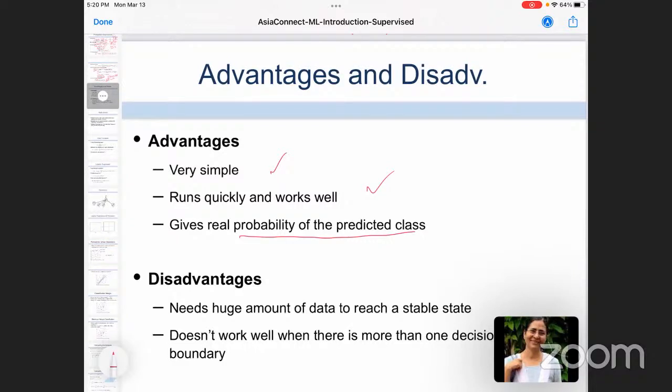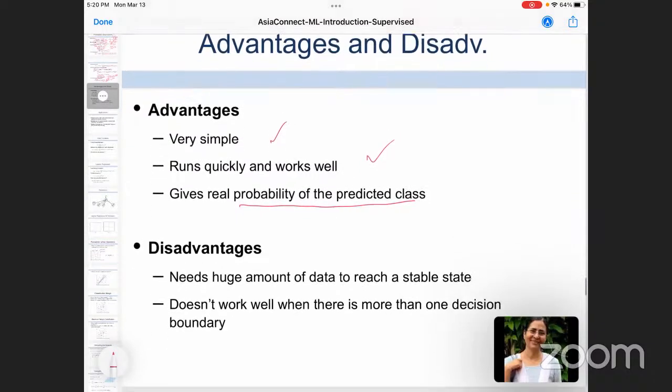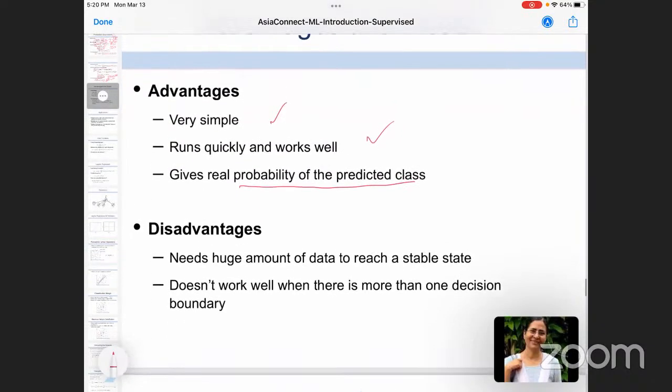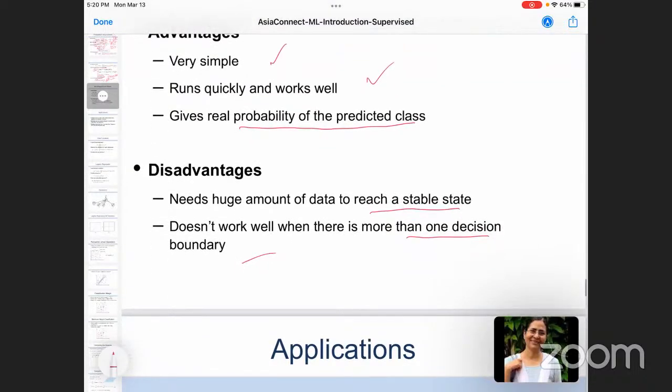So you can use this probability to determine very sophisticated things. The main disadvantage is that it needs a huge amount of data to reach a stable state, and it also does not work for more than one decision if it is very complex. I am just covering very simple binary classification, which has a clear boundary.